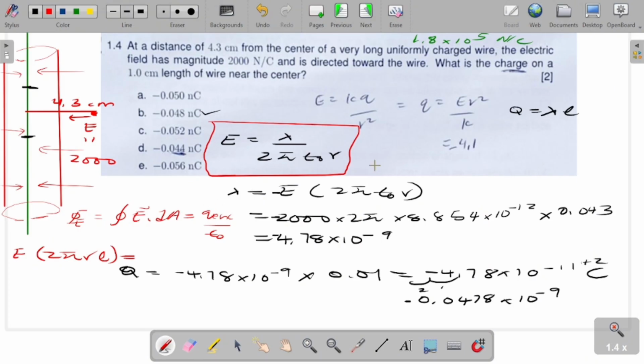From the formula, our linear charge density is charge over length. Therefore the charge enclosed is linear charge density multiplied by length, over epsilon naught.